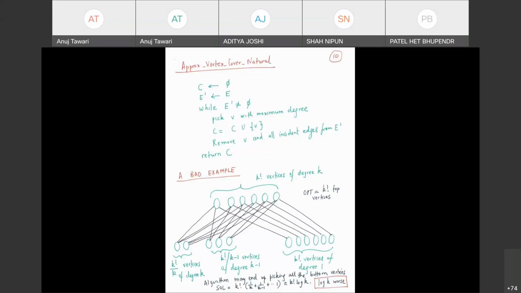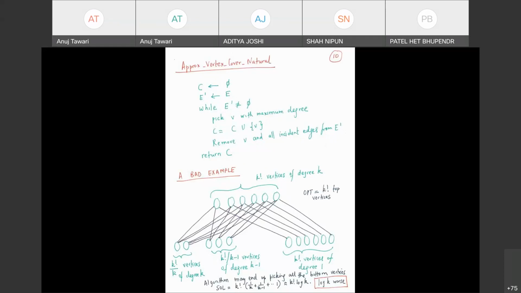So why is it log n times the optimal vertex cover? So the way we are going to argue is we are going to look at this particular algorithm and then we have to argue about the approximation factor. Initially we started with this original graph, it had all the edges and then we steadily removed vertices and edges from this graph. So at every step we are reducing the number of edges.